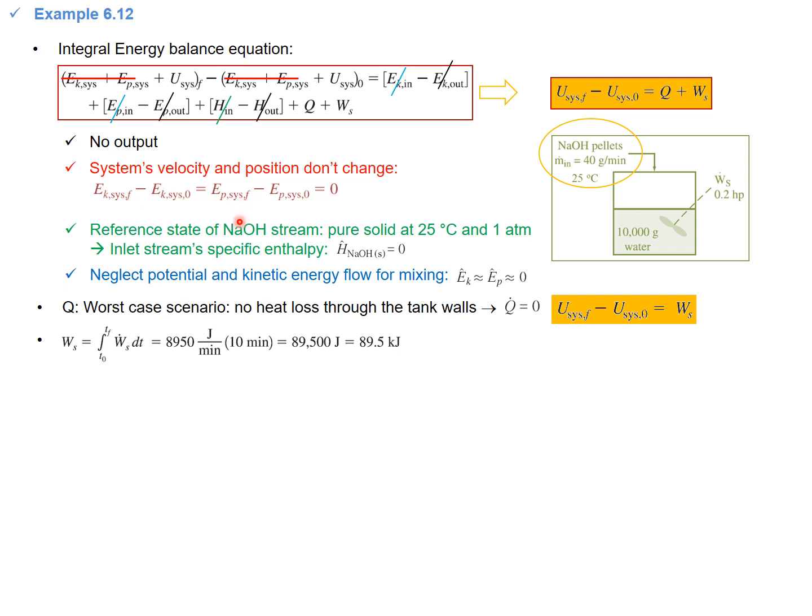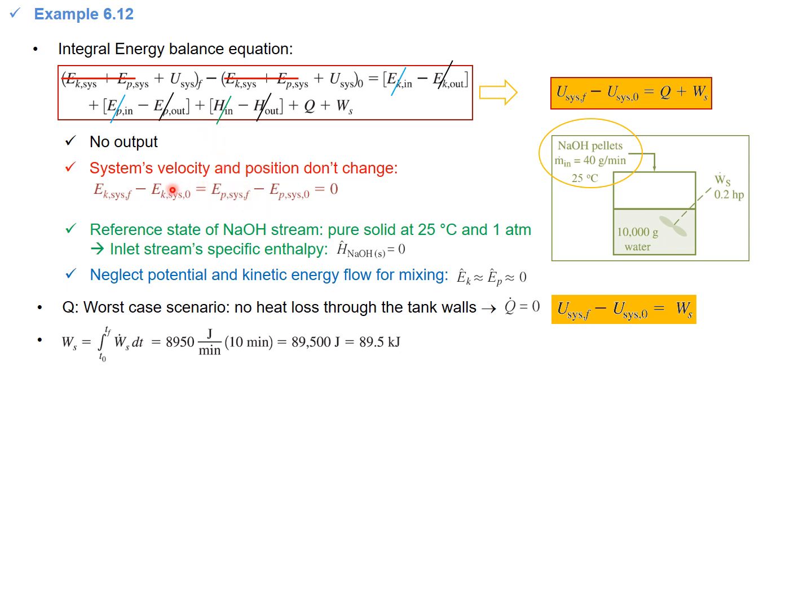I have said that for chemical processes, even including mixing, we don't need to think about kinetic energy and potential energy for the accumulation term or the input-output flux terms. The only important thing is the enthalpy term, the internal energy term.